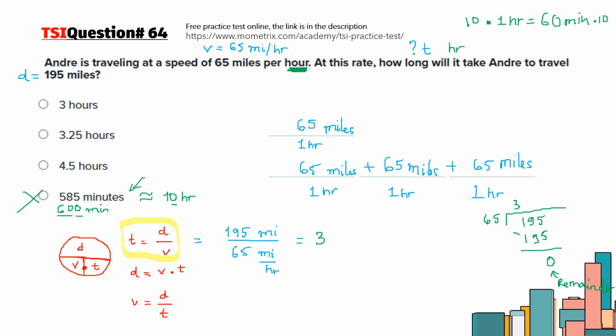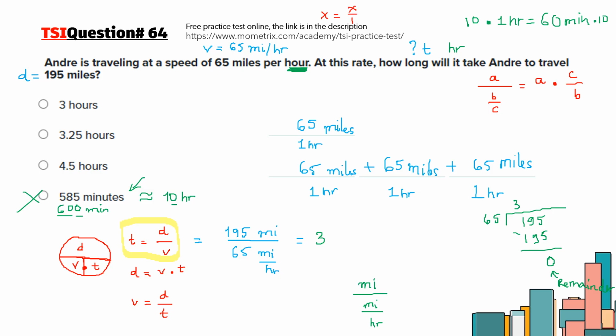Also, we can look at this: we have miles over miles per hour. Remember, if we have something like A divided by B over C, then you multiply A, instead of dividing, by the reciprocal of B over C, which is C over B. And remember, if we have X, that's also equal to X over 1.